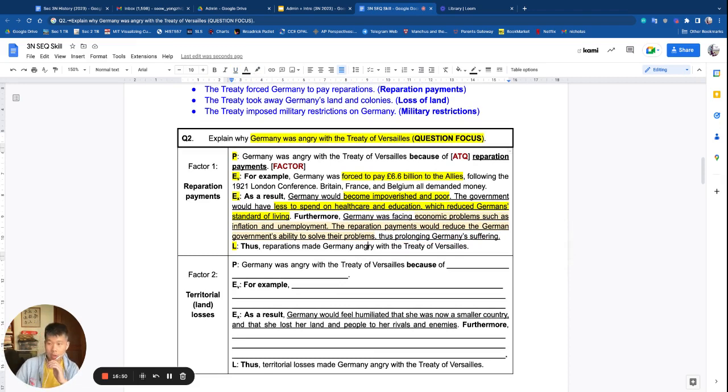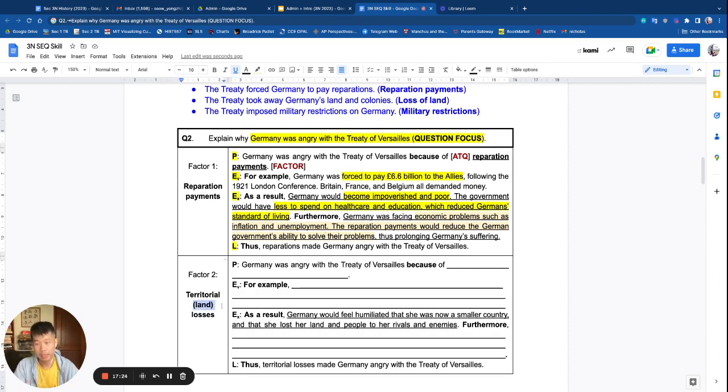So wherever you can, you minimally need one explanation, but you could come up with two. And these explanations will allow you to reach the highest mark level of the explain essay. So please pause and please read this whole paragraph and think about how it makes sense. And that is one factor.